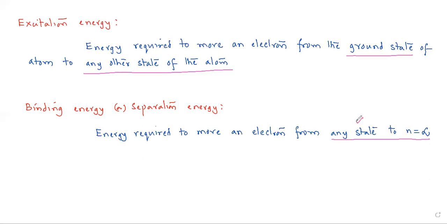Because it is bound to this state, now you are taking it to infinite state. This is known as binding energy. Okay, so these are the different types of energies that we have.